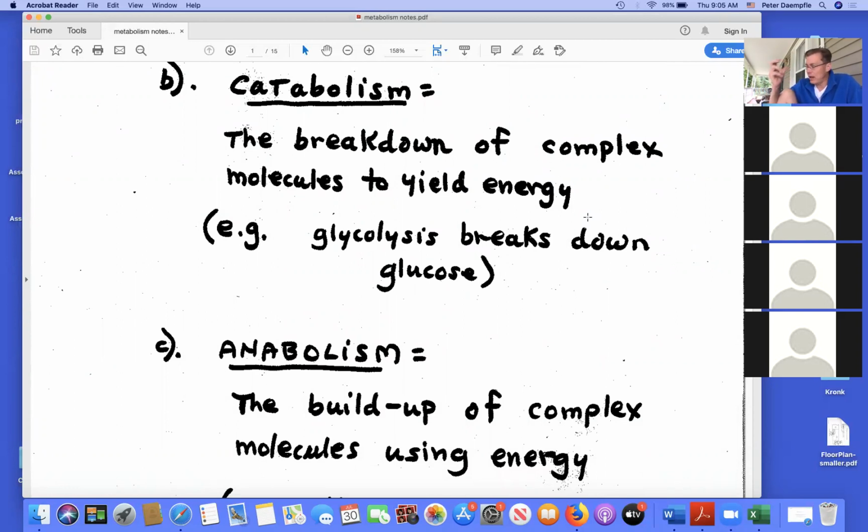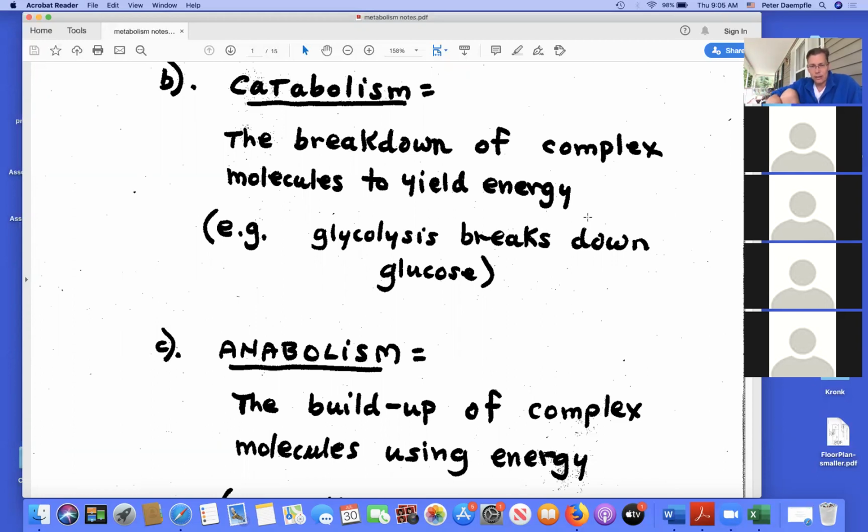So in other words, taking a macromolecule that you've absorbed, let's say a fat, and breaking it down to yield energy from it. That is catabolism. You know, a car has a catalytic converter. Catabolism is all about chopping or breaking down. A car is breaking down gasoline for energy. You are breaking down food for energy.